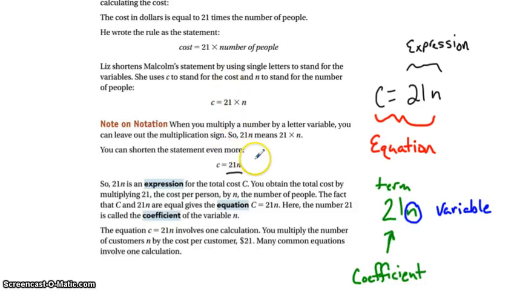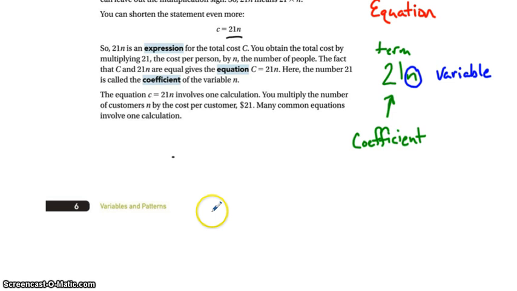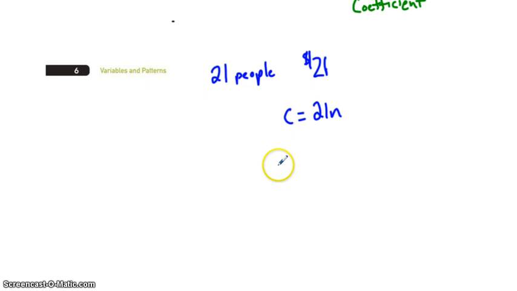So if I wanted to figure the cost for 21 people, let's say I am taking 21 people with me, and it's $21 per person, then in this situation I would use C equals 21N, and now we are going to use what we call substitution, which means N equals 21.